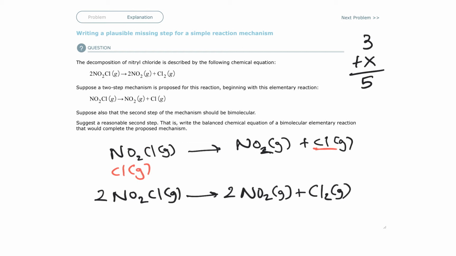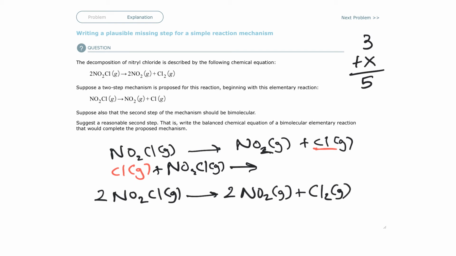So I can cancel this, but whatever I don't cancel, I'm going to add together. These two things are going to add to give me this. Well, I know I have one, so I'm going to need another one. All right, so I'm going to add one more of these, NO2Cl gas. And then I do the same thing on the other side.